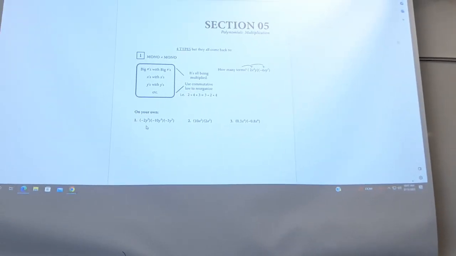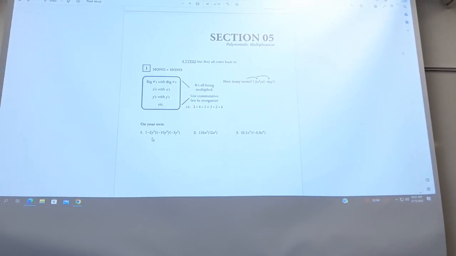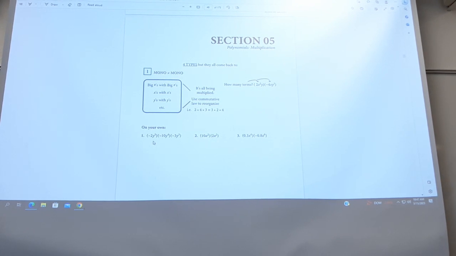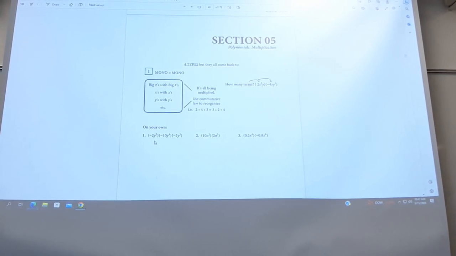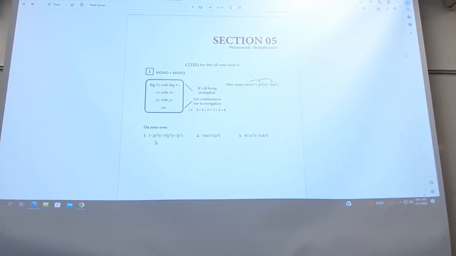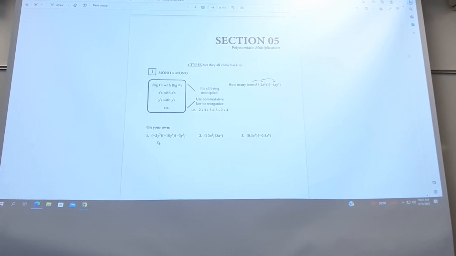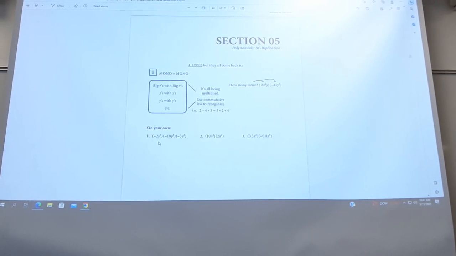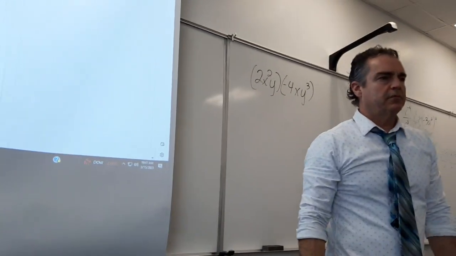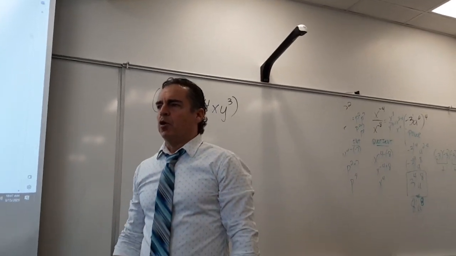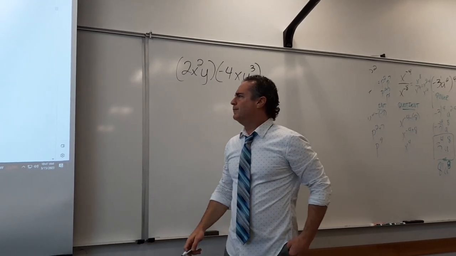Okay. Read that problem to me. Logan, read it to me, my man. 2x to the 2 power, y, parentheses, and then negative 4x, y to the 3 power. Okay, all eyes up here. Don't look down, don't write. I want you to do this with me. So everything is being multiplied, okay? I want to ask you a question.